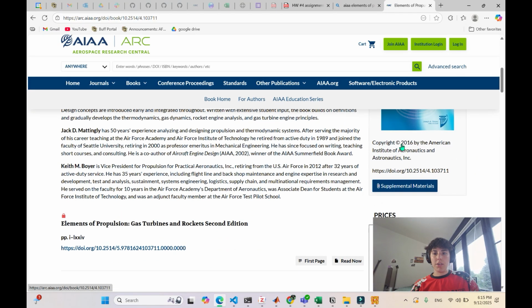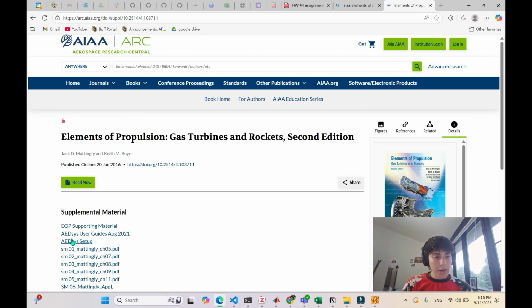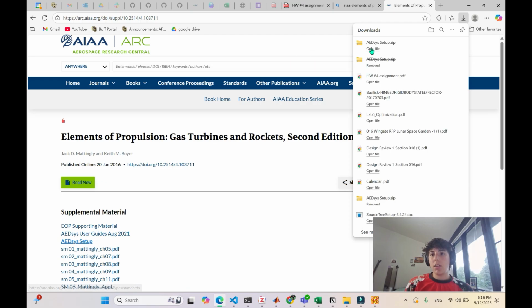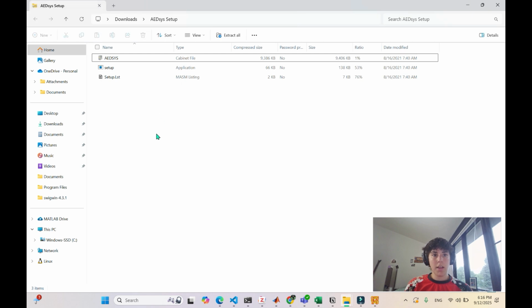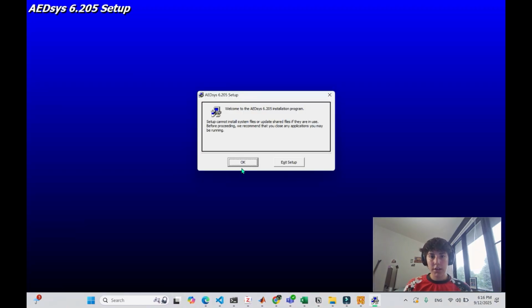On the right hand side, you're going to see something called Supplemental Materials. Click on that. Then you're going to go and click on AED Sys Setup. Open that file, and then double click Setup Application. Allow it to make changes to your device. Then press OK. Wait.